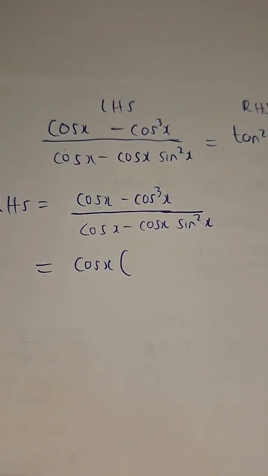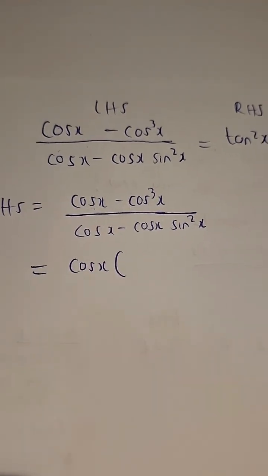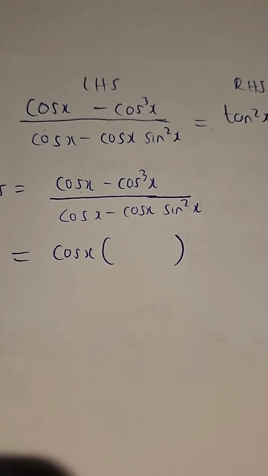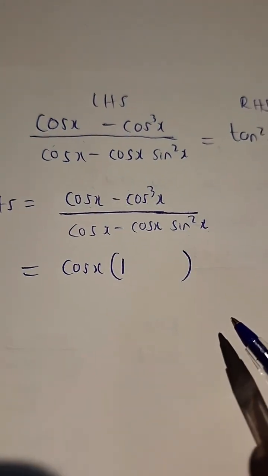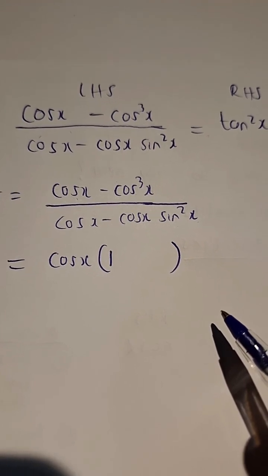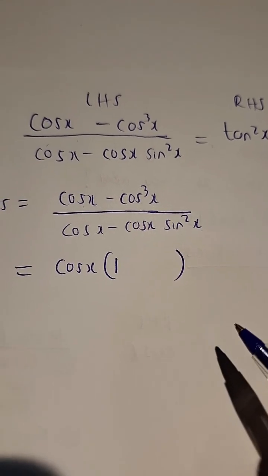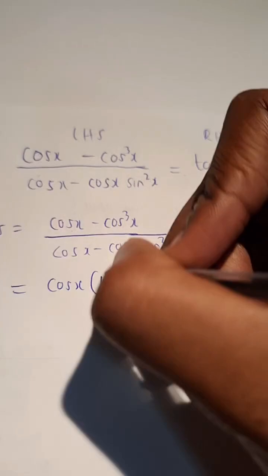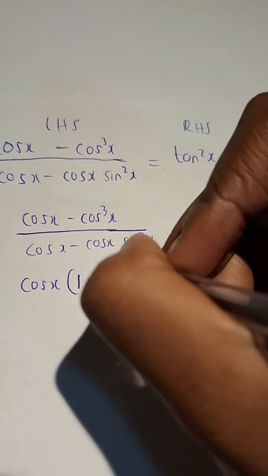Then we are left with what inside the bracket? I hope you're not saying cos 2x. It can't be cos 2x. Negative, yes. Negative what? Cos squared x.